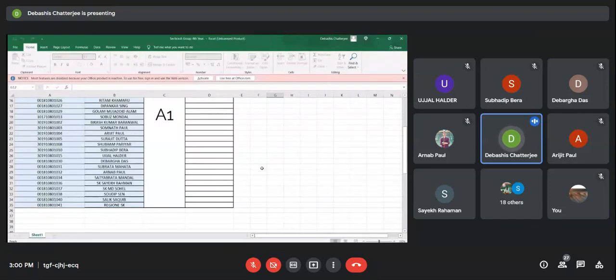You design for minimum weight. Okay, sir. Okay.